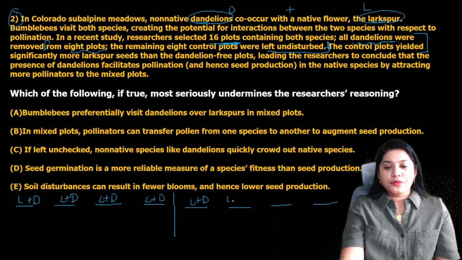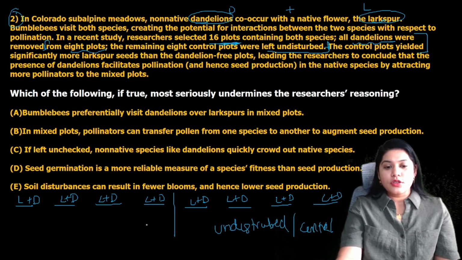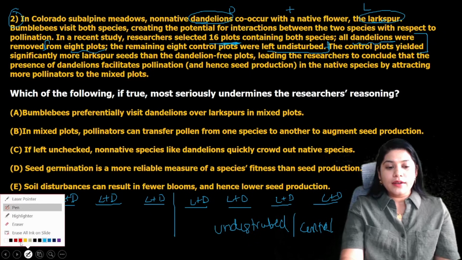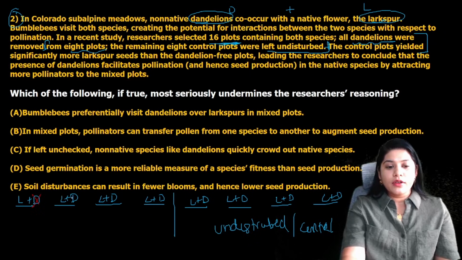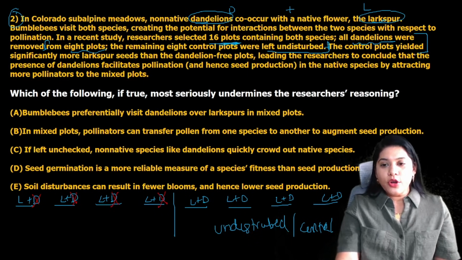Here also the same thing. Now the other plots have been left undisturbed, also known as control plots. Whereas in the first one, dandelions have been removed, so I will be crossing out dandelions like this.